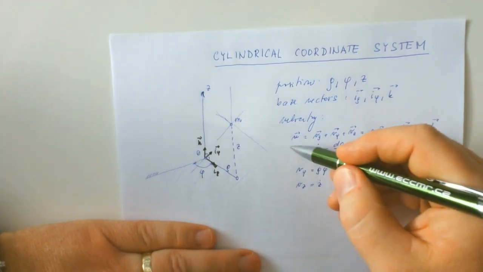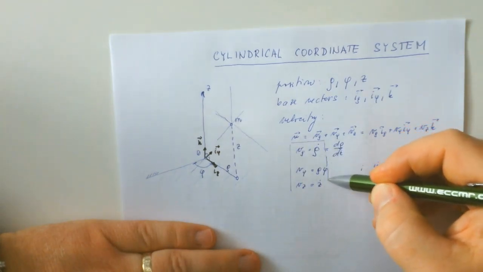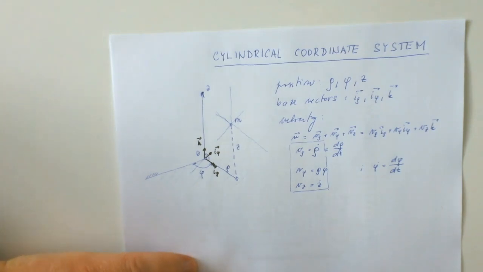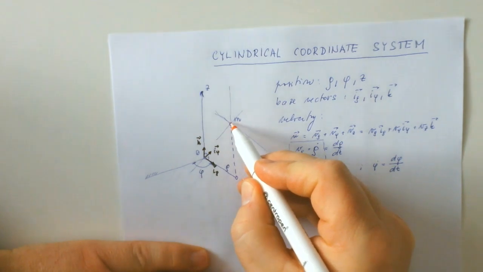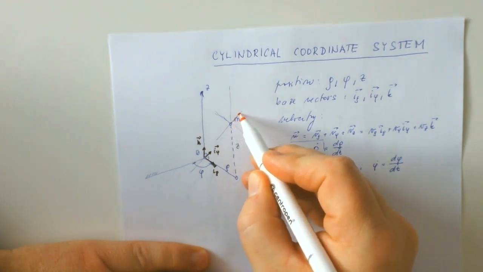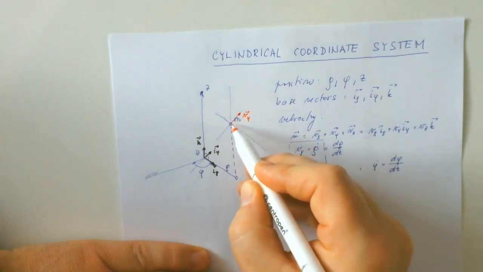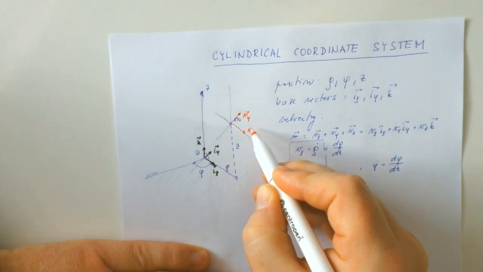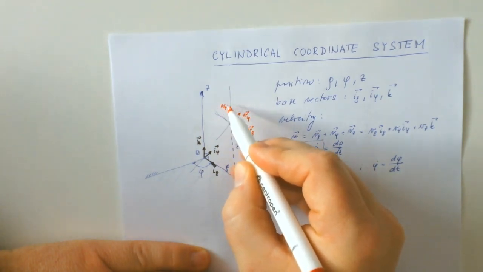So we have three components of velocity. In positive directions we have v phi, v rho and vz.